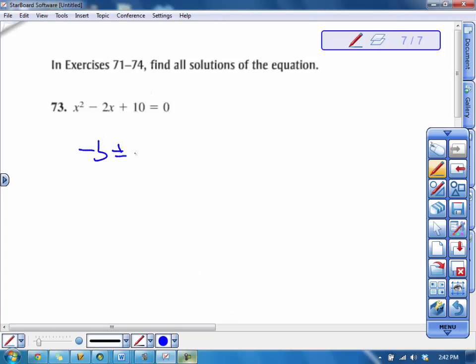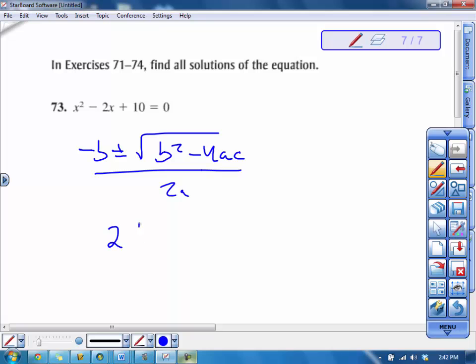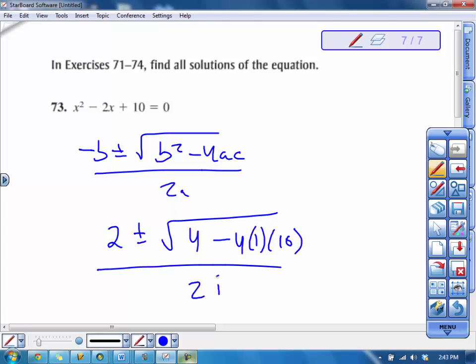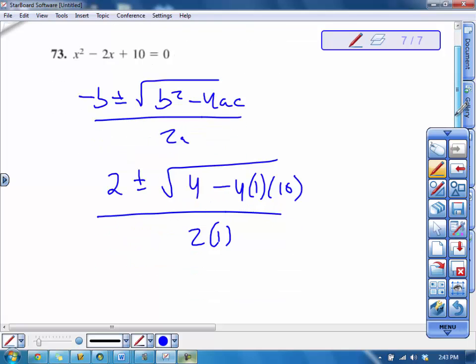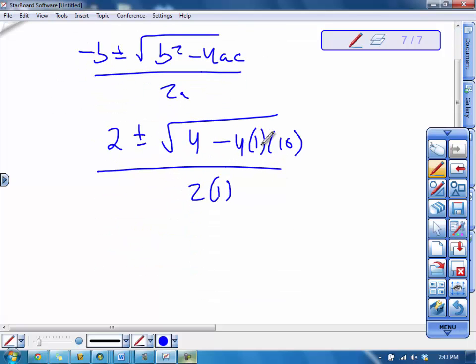Negative b plus or minus the square root of b squared minus 4ac all over 2a. So it's 2 plus or minus the square root of 4 minus 4 times 1 times 10 all over 2 times 1. Okay, this gives me 4 minus 40, which is negative 36. The numerator starts with 2.